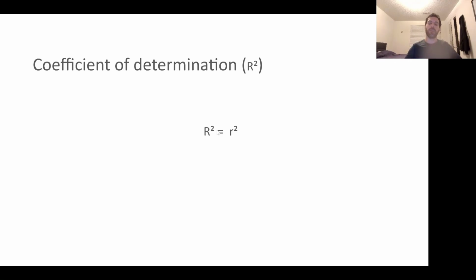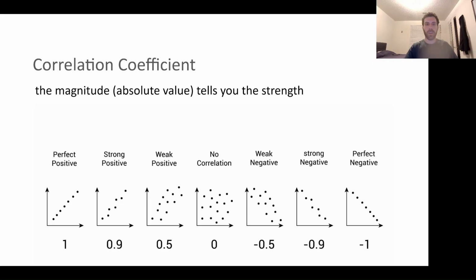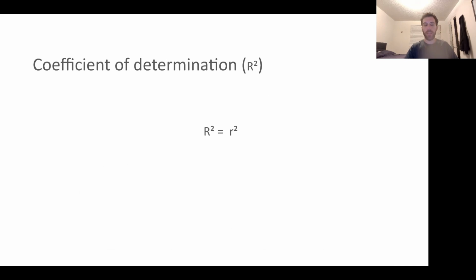Now what does that tell you? Well, remember, our correlation coefficient is bounded between -1 and 1, right? So if I square it, the result is going to be bounded between 0 and 1, right? Because the negative numbers are going to become positive when they're squared.